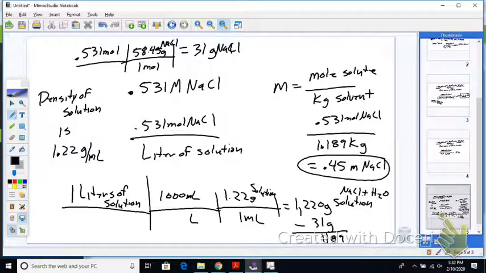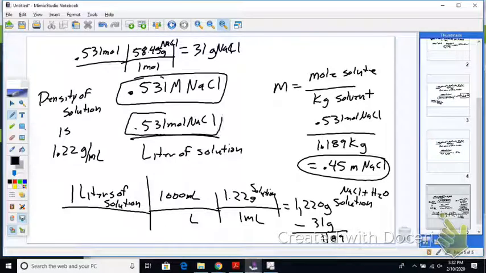Just real quick again on that one to finish things up. They give me a molarity. I know the moles of NaCl, and then I need to divide that by kilograms of the solvent.